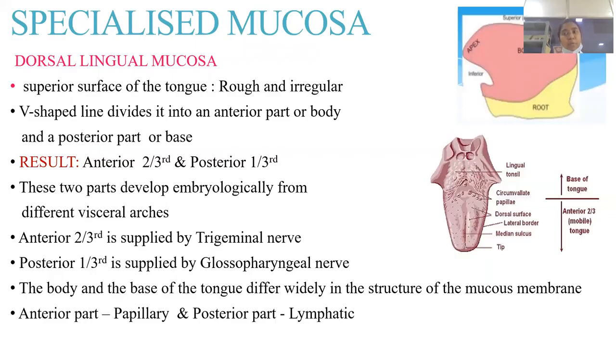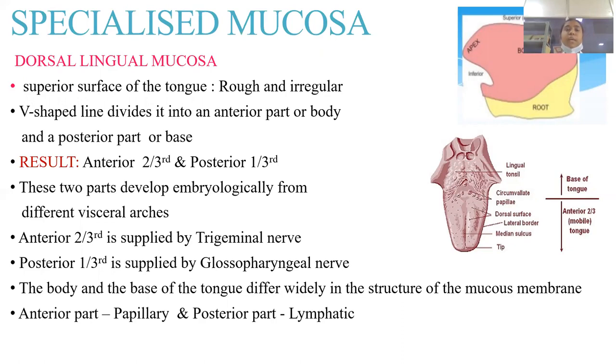Then comes specialized mucosa. Here, dorsal lingual mucosa, where the superior surface of the tongue is rough and irregular. A V-shaped line divides it into an anterior part or body and a posterior part or base. So the dorsal surface of the tongue is divided into anterior and posterior parts, as we all know, by the V-shaped line, which results in anterior 2/3 and posterior 1/3.